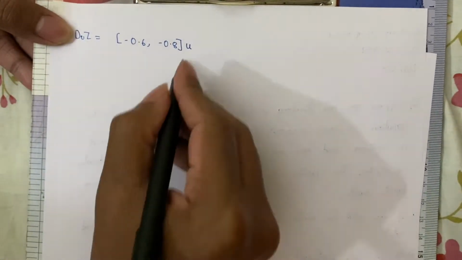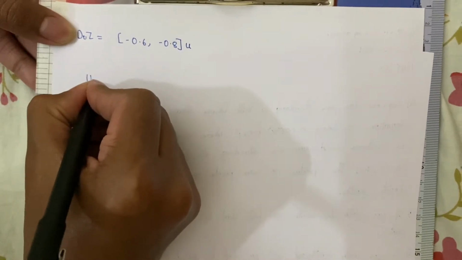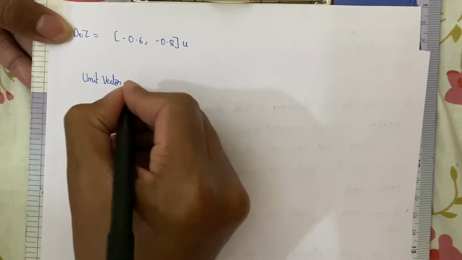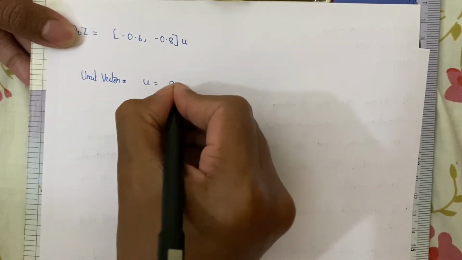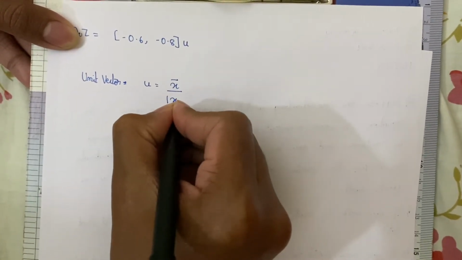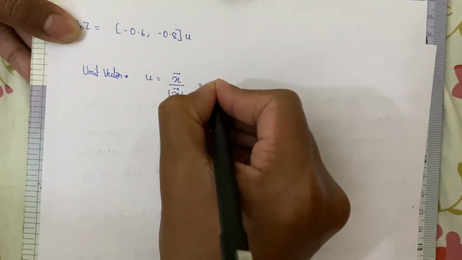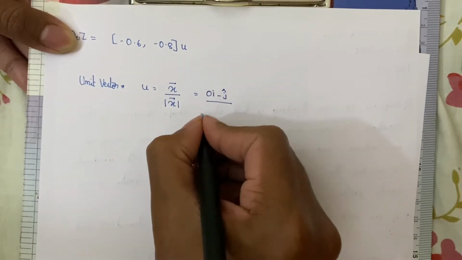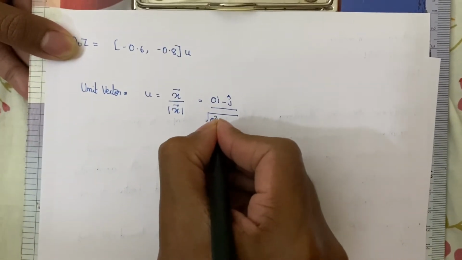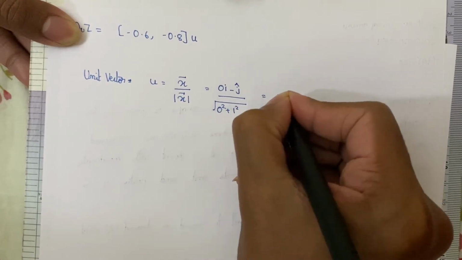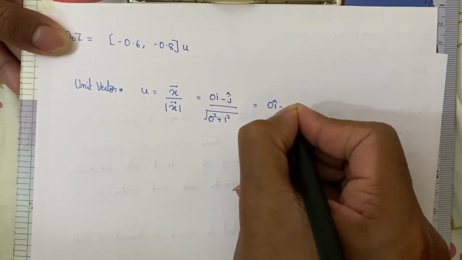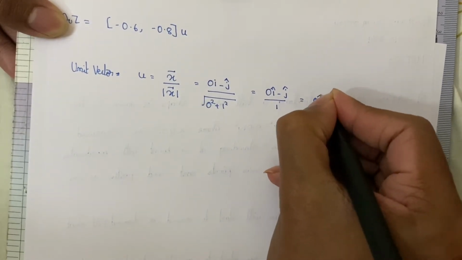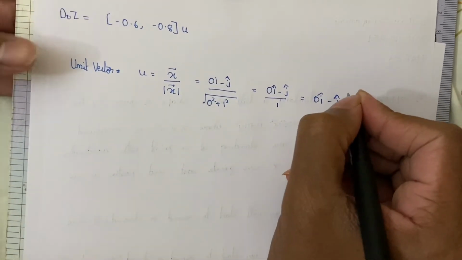Now let us find the value of the unit vector u. u is equal to x by modulus x, which will be 0i minus j by root of 0 square plus 1 square, which will be 0i minus j by 1, which is 0i minus j.